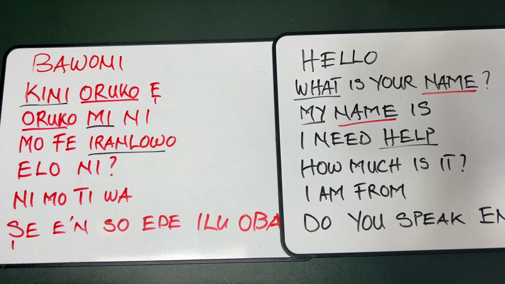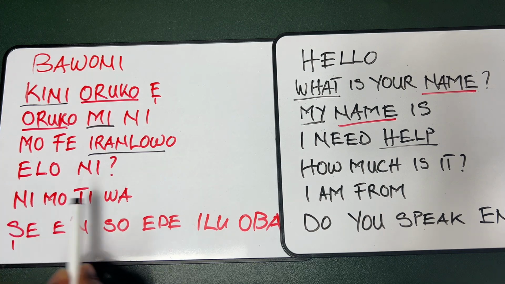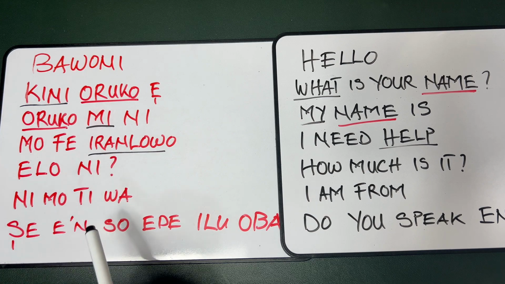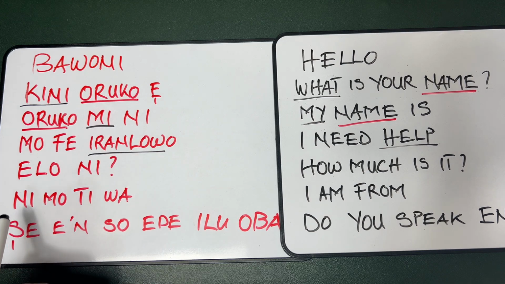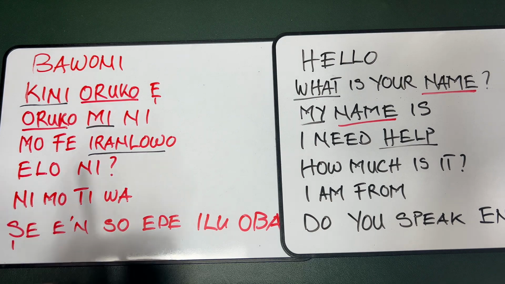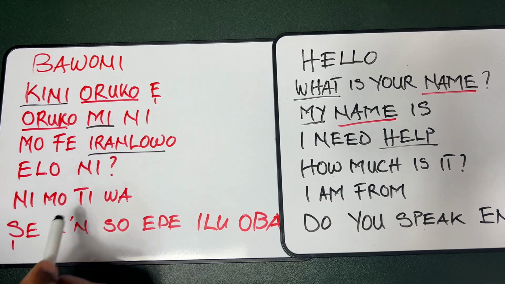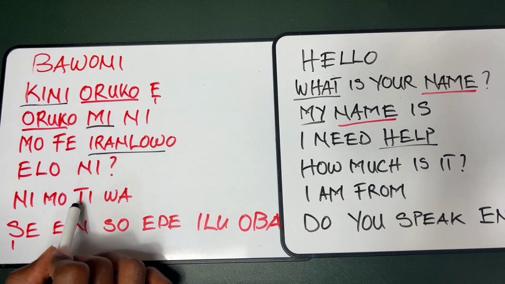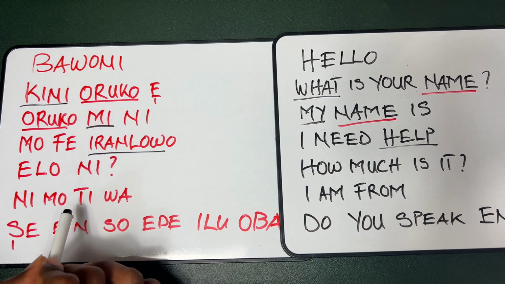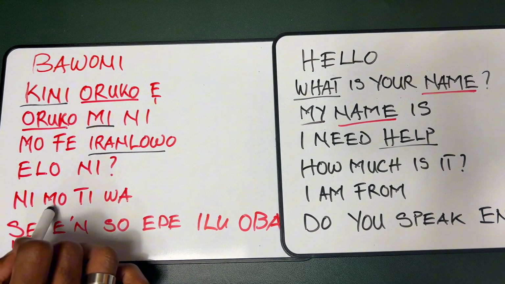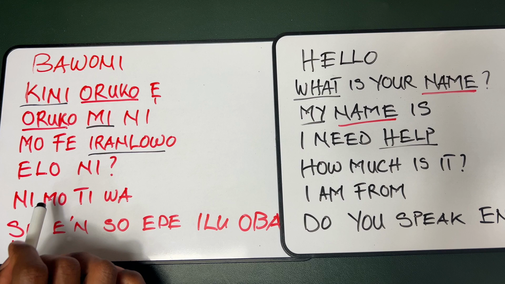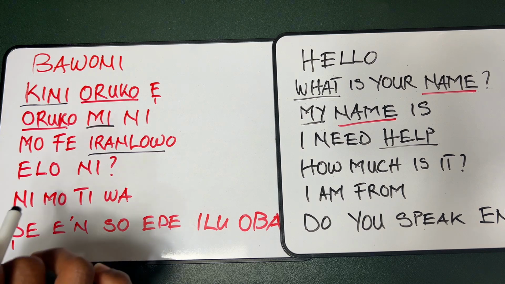Yes? So this is almost in the reverse because this simply means ni mo ti wá, meaning that I am from. Ti wá is from. And then this is the you in this sentence. I is the mo.